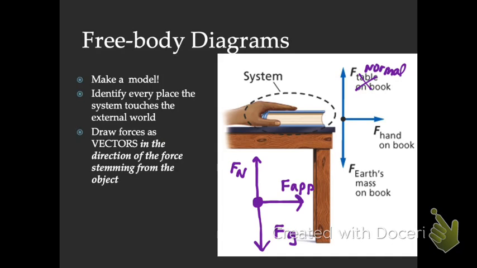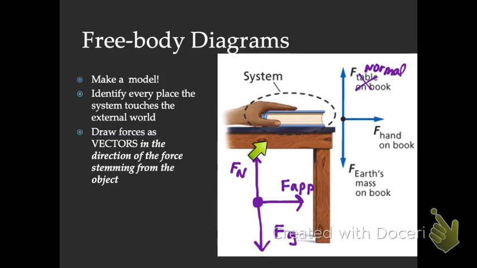We want to try to draw them to scale, and we want to make sure that we've got them coming from the object and pointing outward. In this case, do we know anything about these two vectors, the normal force and the gravitational force? What do we know about them? Are they equal or are they not equal? Yeah, they're equal because my object is not accelerating up or down, is it?